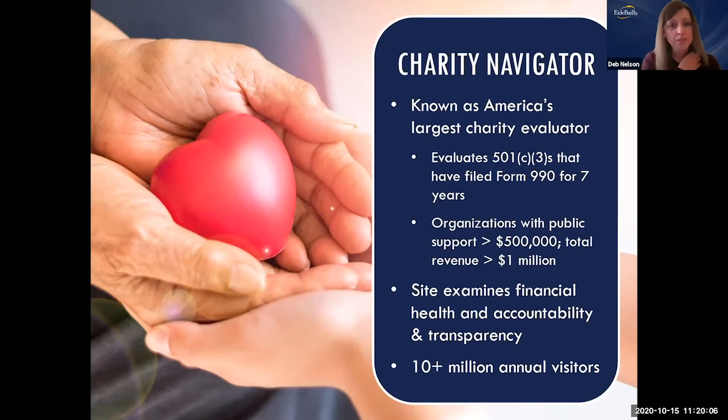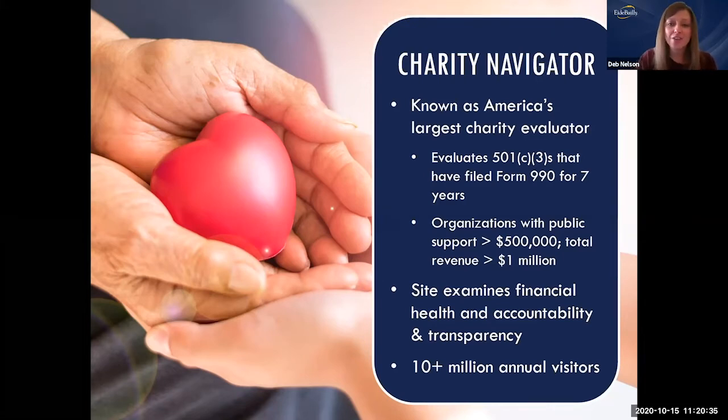They do specifically say that they do not rate land trusts, hospitals and their foundations, higher ed entities, or fraternity foundations. So I think that's important to know. Not every organization, even if you meet this criteria, will be found here. And Charity Navigator rates charities based on financial health metrics, as well as accountability and transparency. You're going to hear a lot about transparency today as we talk through things.